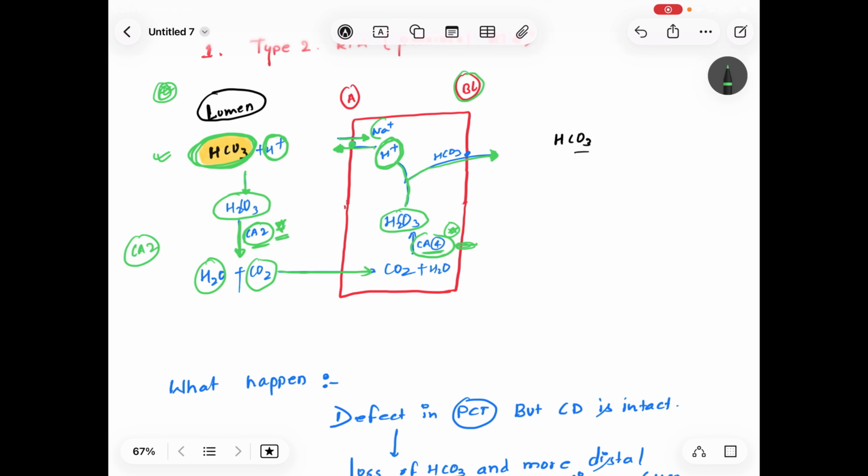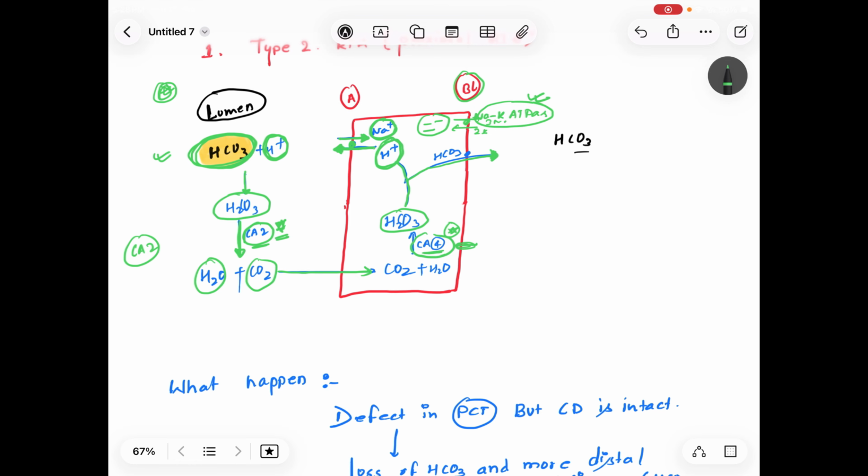sodium H plus antiporter. Why does this move? Because of the gradient created by sodium potassium ATPase. We already discussed these things. This pump creates a gradient by throwing 3 sodium outside and bringing 2 potassium inside. Overall there is negative charge inside the cell, so it brings extra sodium inside and it throws H plus outside.